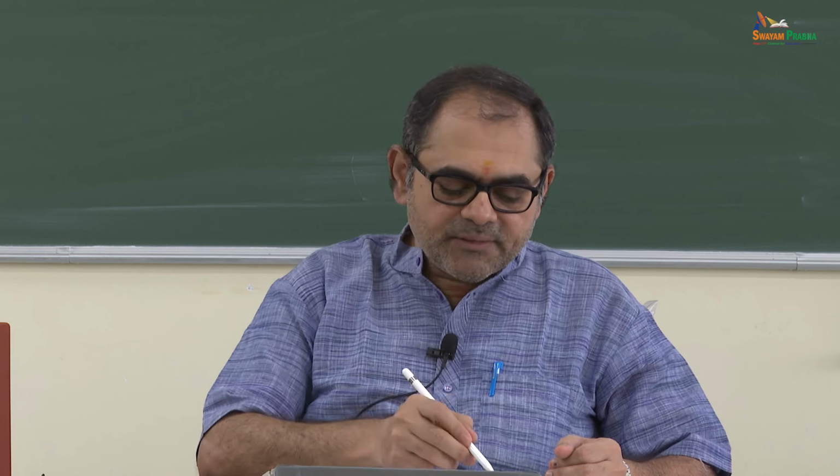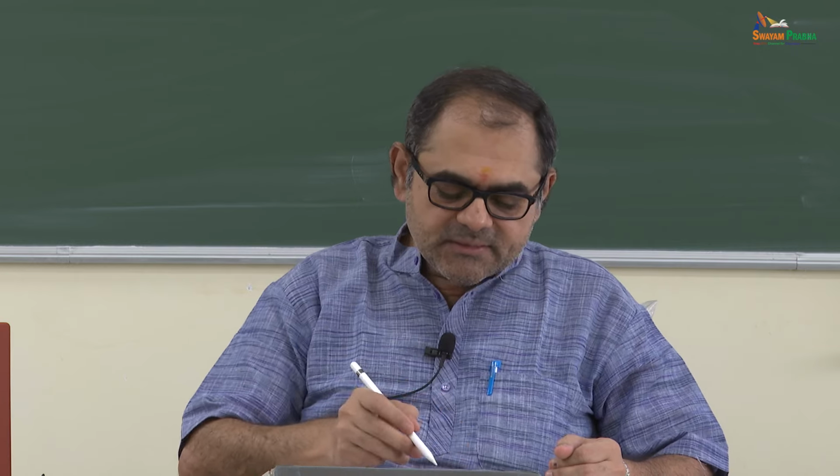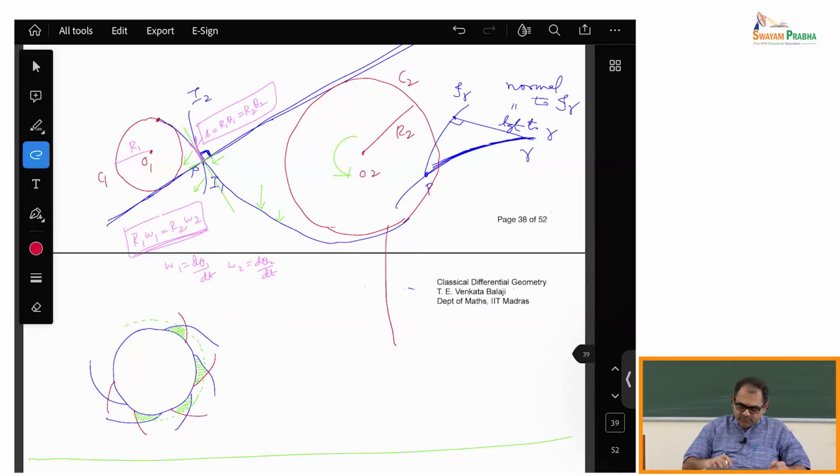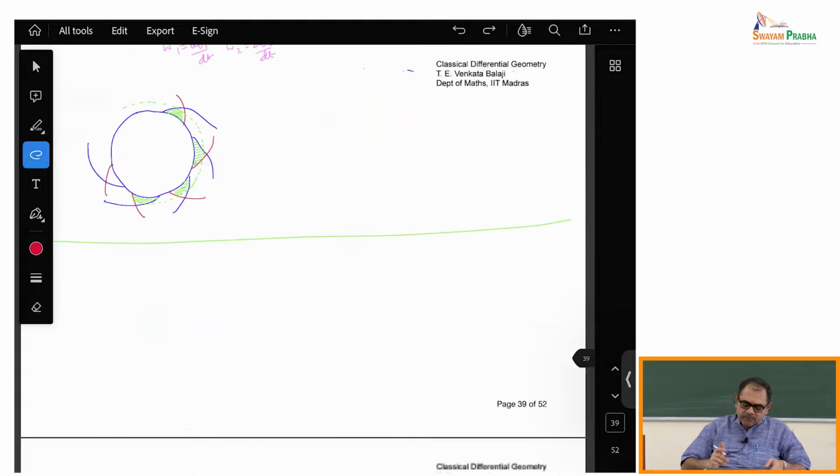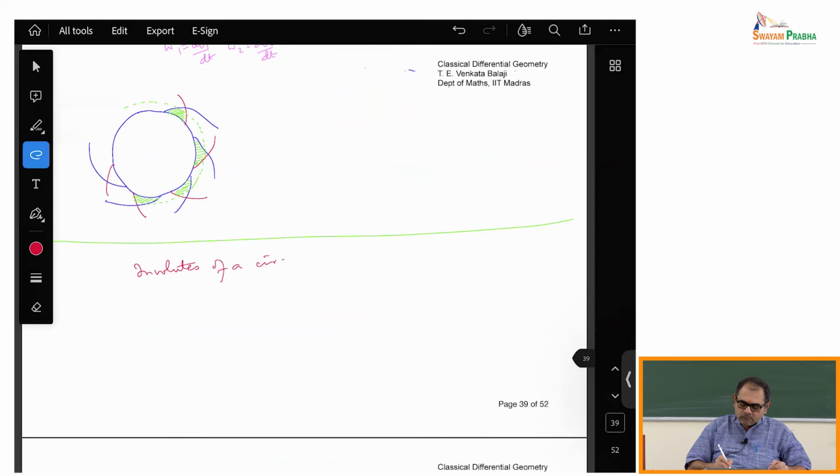So that is another important application, and let me say something about that. So there are involutes of a circle. One of the things you can make using this is the so-called scroll compressor.